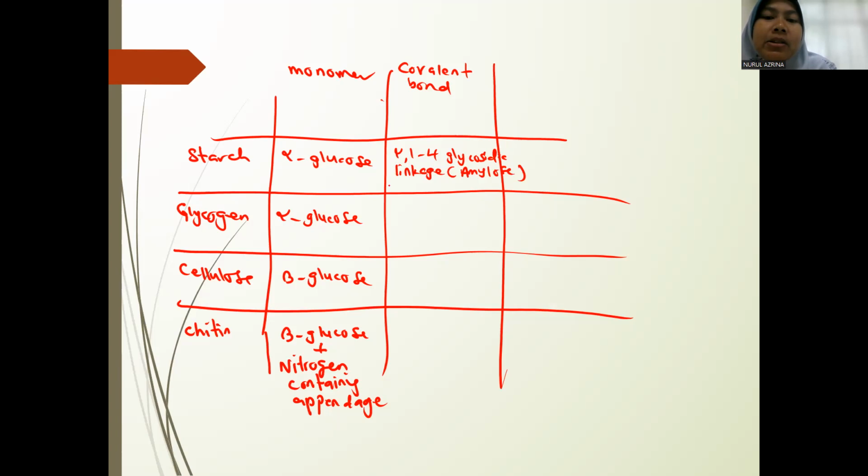Okay, so kalau amylopectin macam mana pula? Alpha 1,4 glycosidic linkage and alpha 1,6 glycosidic linkage. Madam malas tulis penuh, awak kena tulis penuh.